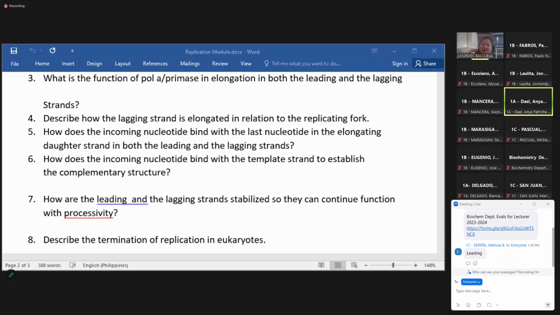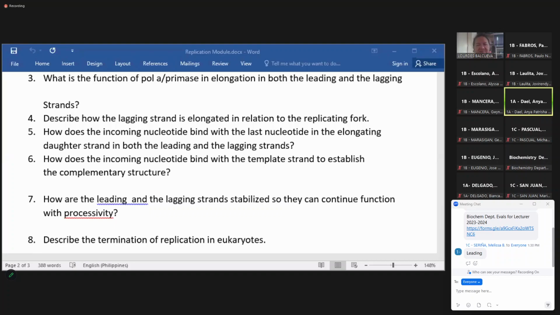Doc, yes. The lagging strand po, unlike the leading strand, is elongated in the direction opposite the replication fork. What is produced is Okazaki fragments because it's discontinuously produced.